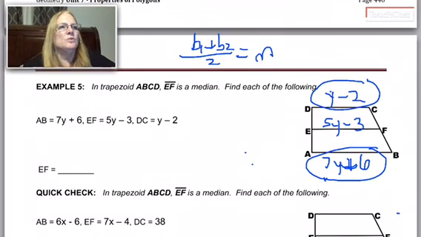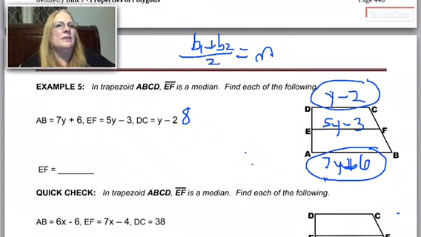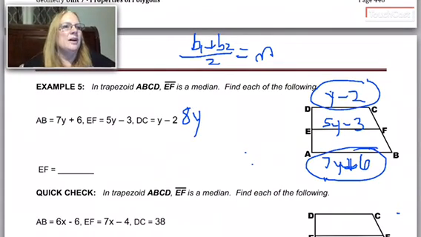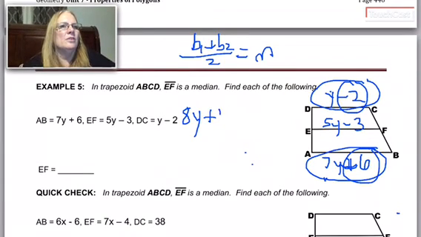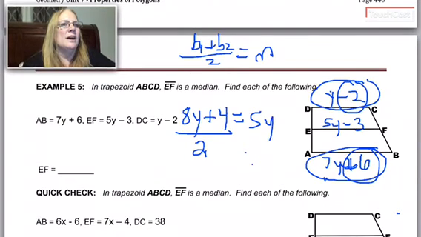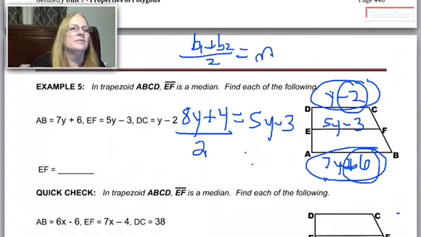So 7y plus y is 8y. We have a positive 6 and a minus 2. That's going to be plus 4. And that is divided by 2 is equal to the median, 5y minus 3.